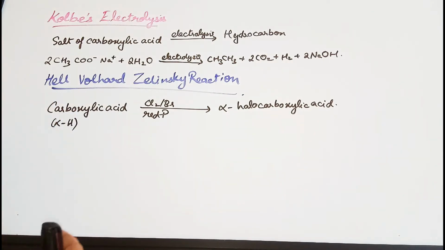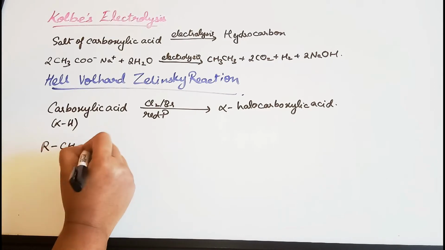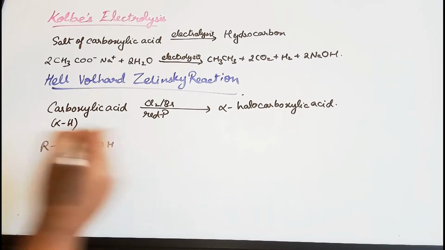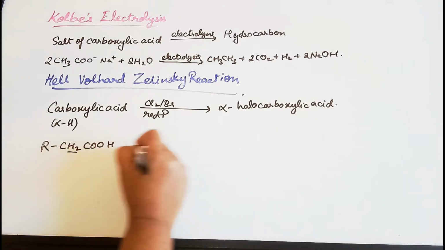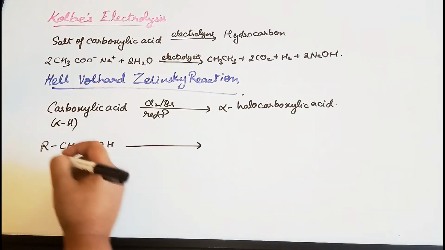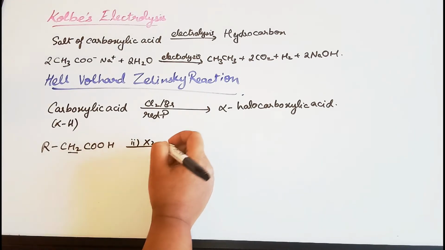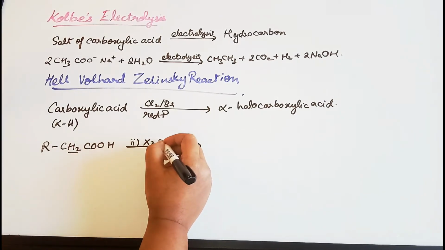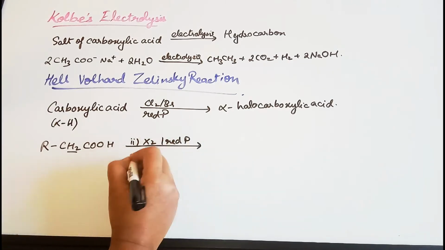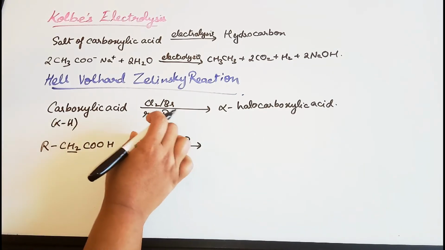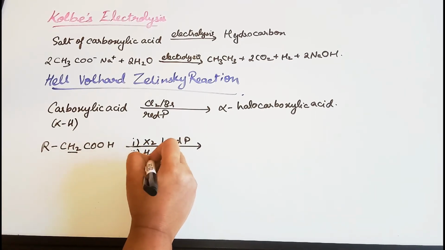So let's write the general reaction. So RCH2COOH. These are going to be the two alpha hydrogen atoms. Now let's assume it is undergoing a reaction with X2, and X2 can be chlorine or bromine, and red phosphorus. And the second step, this has to be the first step, I'm sorry, is addition of water.